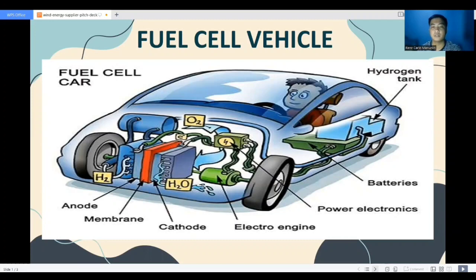Electric engine function by plugging into a charge point and taking electricity from the grid. Power electronics. Power electronics convert and distribute electrical power to other vehicle systems such as heating and ventilation, lighting, and infotainment.